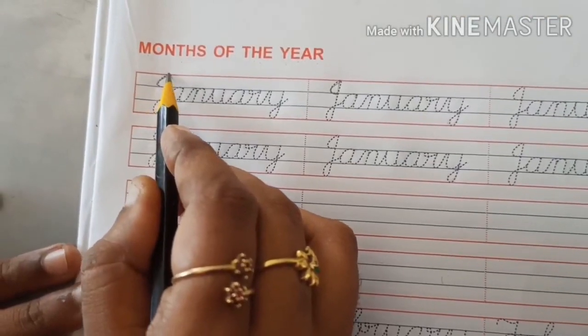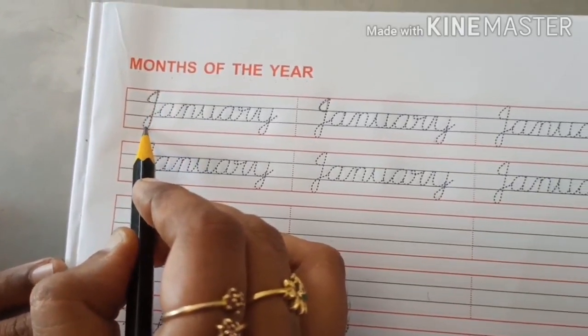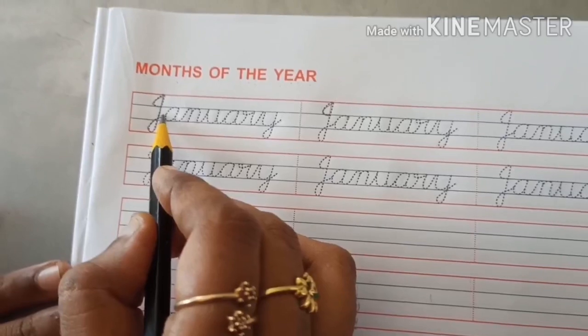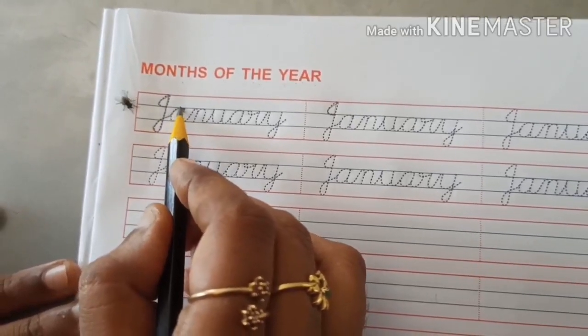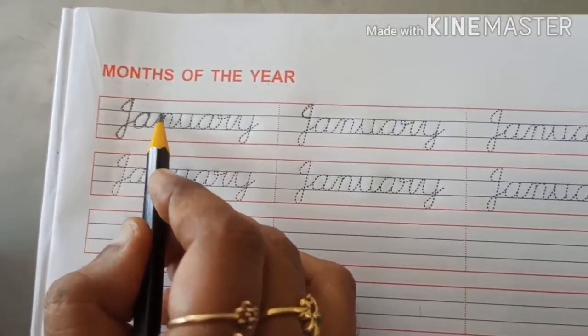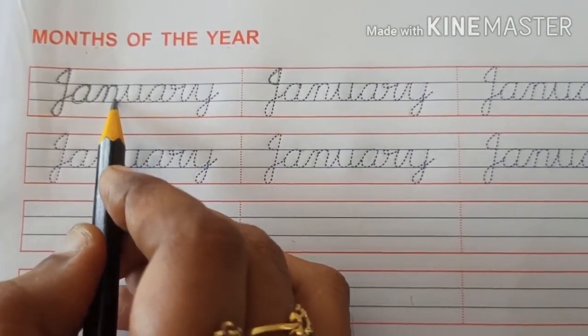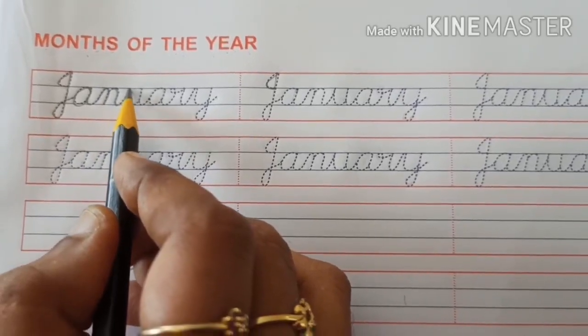For the January month, J, you start from midline, touch top line and come down to the bottom line. Write J. For A, you have to touch midline and baseline. For N, you have to touch midline and baseline.